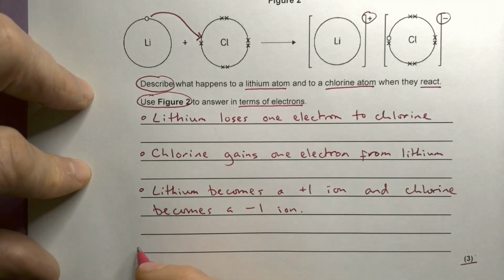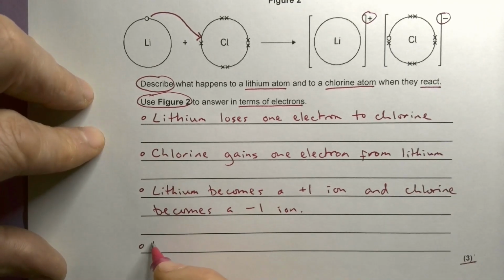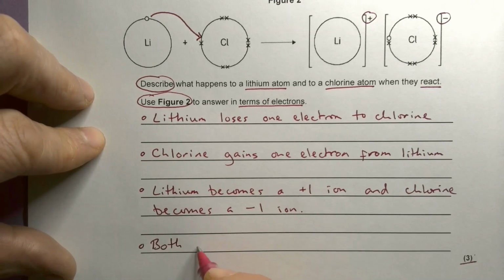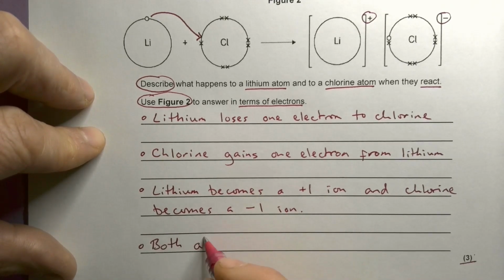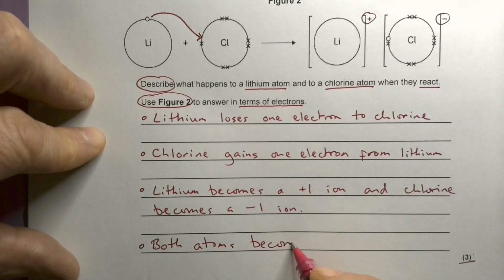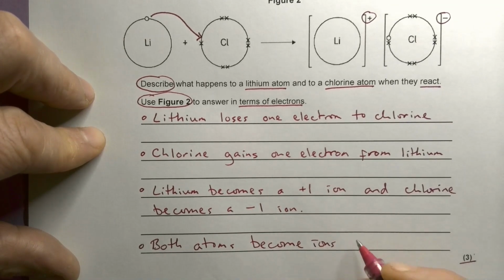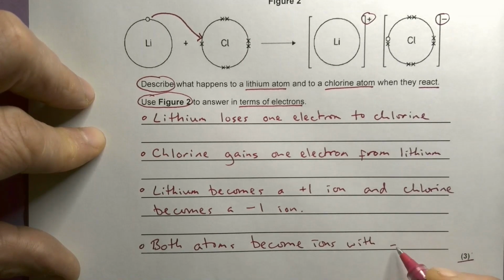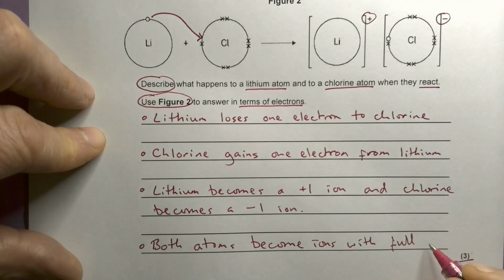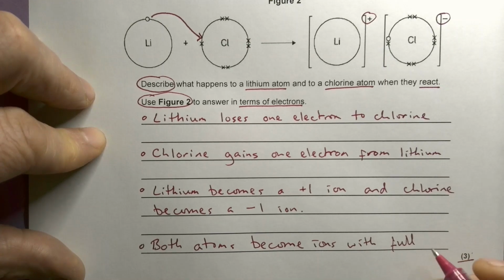You could also say here both atoms become ions with full or empty outer shells.